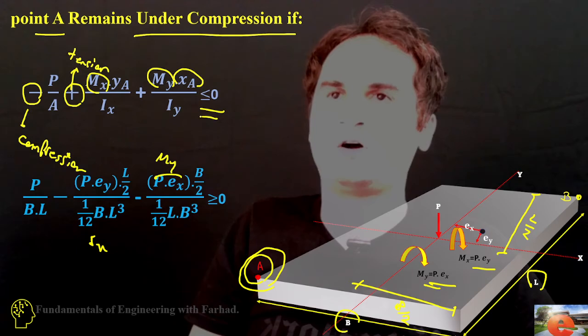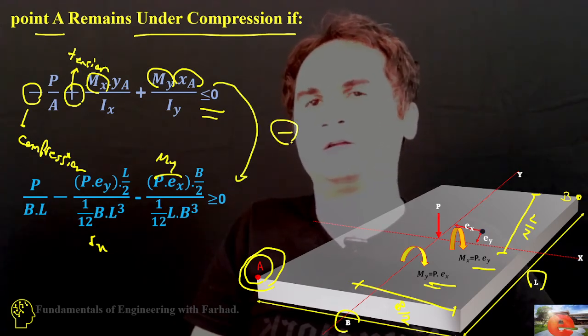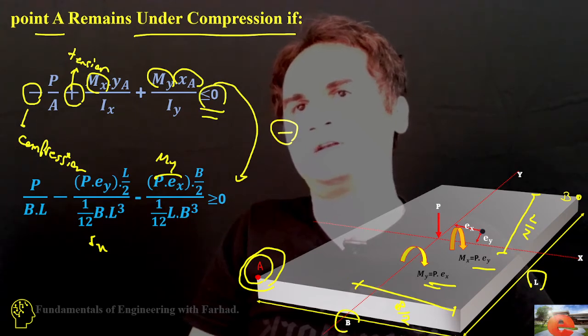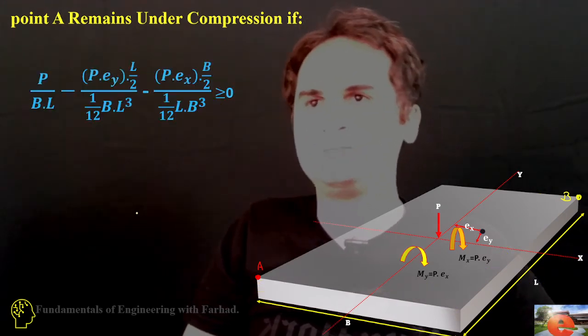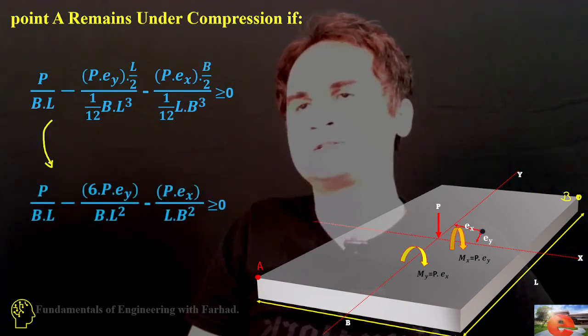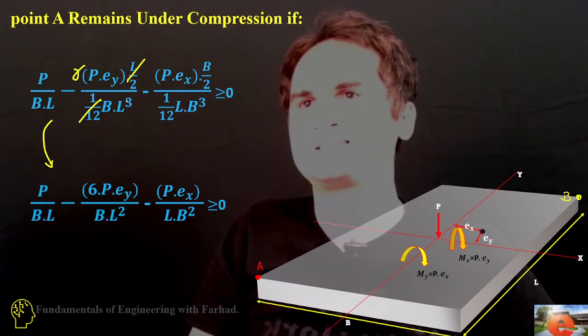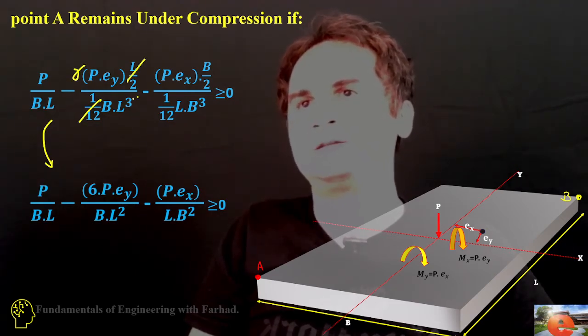If you multiply all the equation by a negative, even the sign turns to the other direction. So if you simplify this equation, L over 2, 12 is 6, and L is L squared.